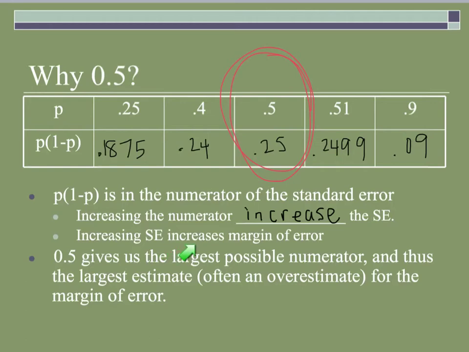By increasing them, we're giving an overestimate, and so we're going to be in the safe zone. Even if our p hat value ends up being smaller, that just means that our confidence interval will have an even narrower margin of error than we first intended, and that's good. We've talked about how the narrower the interval, the more precise our estimate is.